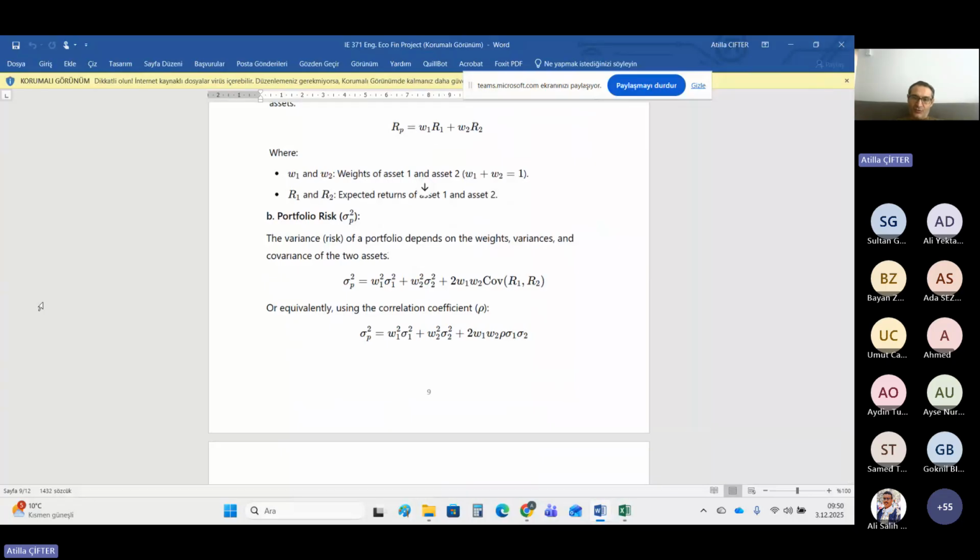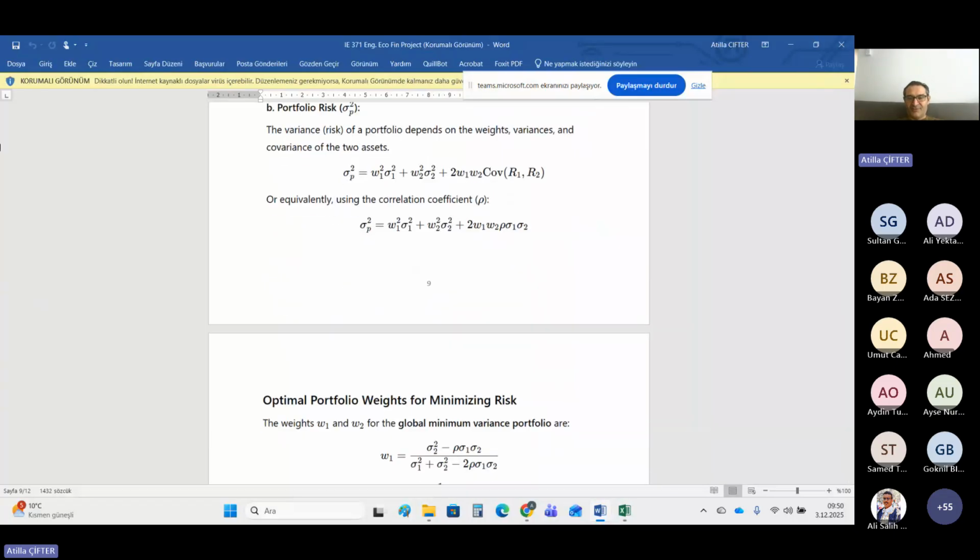When we convert covariance to the correlation coefficient, the formula for portfolio variance is: weight 1 squared times first variance squared, plus weight 2 squared times second variance squared, plus 2 times weight 1 times weight 2 times the correlation, multiplied by the standard deviations of the first and second stocks. This is the portfolio variance. It's not an individual stock variance, it's the portfolio.